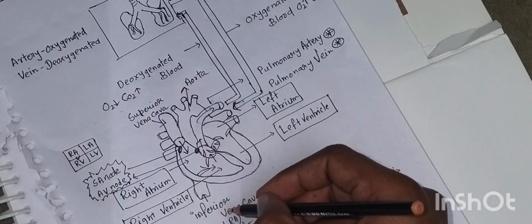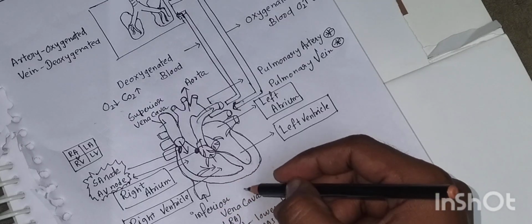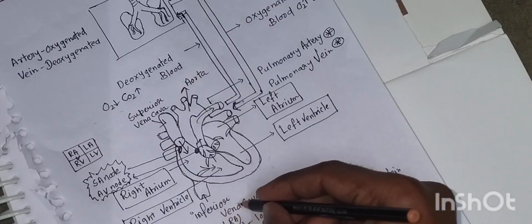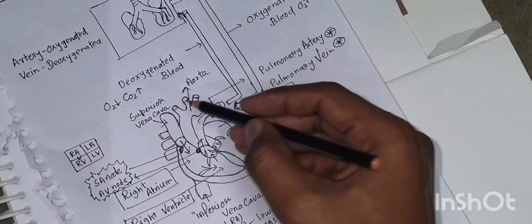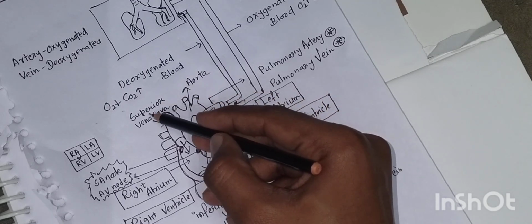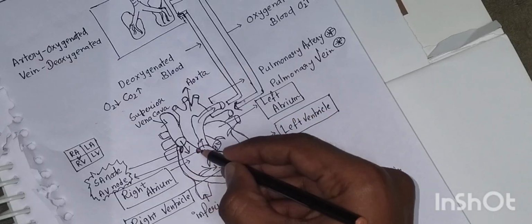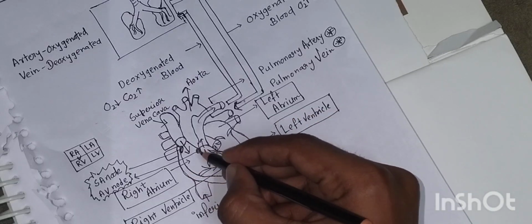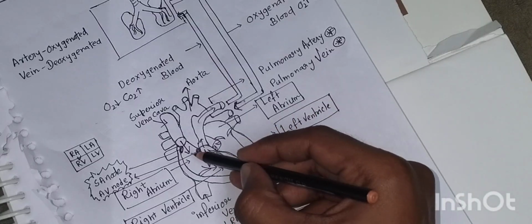All deoxygenated blood from the lower parts of the body is carried by the inferior vena cava, and all the deoxygenated blood from the upper part of the body is carried by the superior vena cava into the right atrium. This is the right atrium. Now what happened?